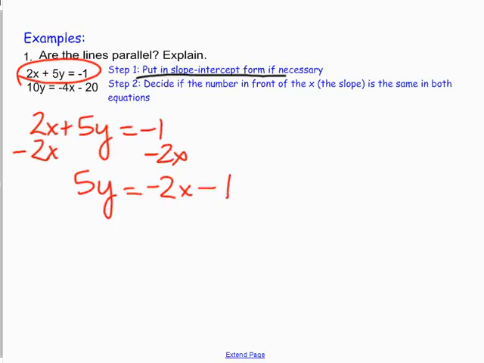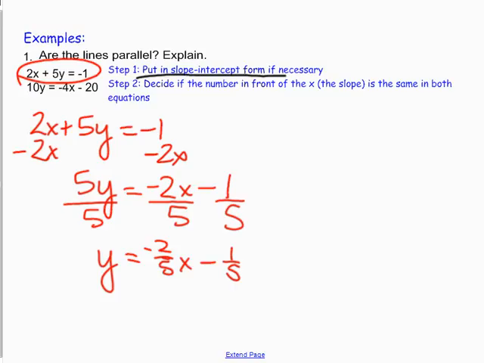Okay, well, that's still not quite right because we need y alone. So we have to divide everything by 5. So y is alone, and we have -2/5 x minus 1/5. Okay, well that's one of the lines.